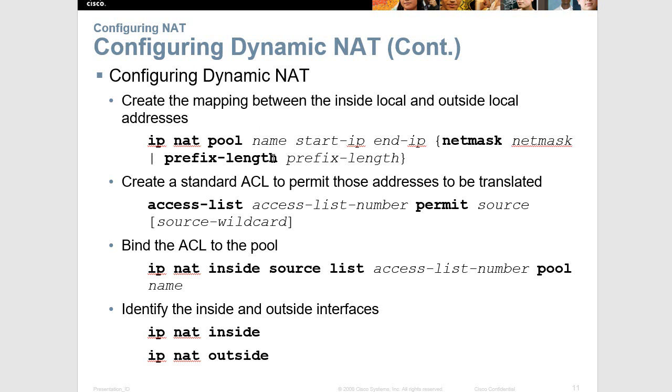We've created pools before, like a DHCP pool, which is going to contain the range of public IP addresses that are going to be available for your private devices to be assigned to. So you're going to type in ip nat pool, the name of the pool, whatever name you want to give it, then the first public IP address in the range and the last public IP address in the range that are going to be given out.